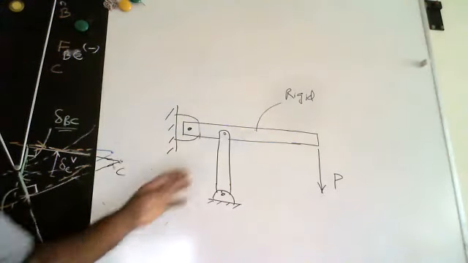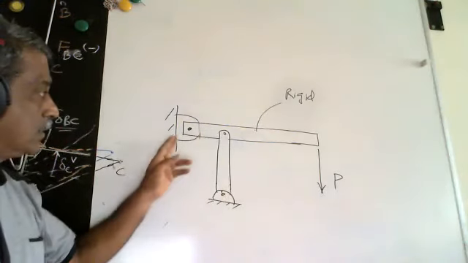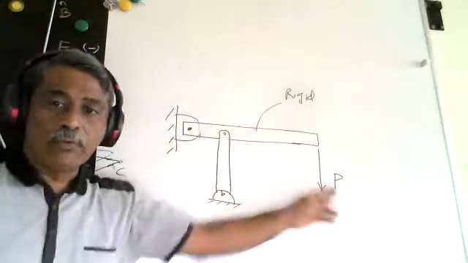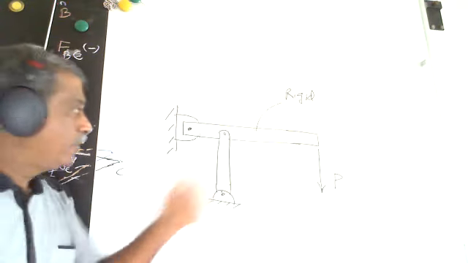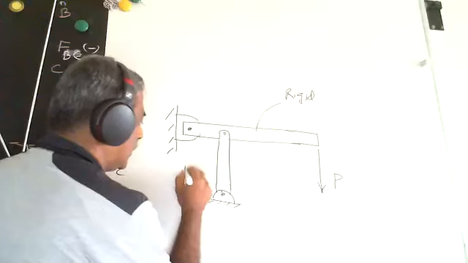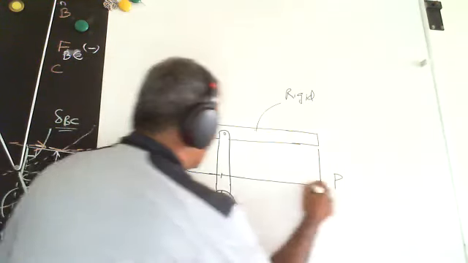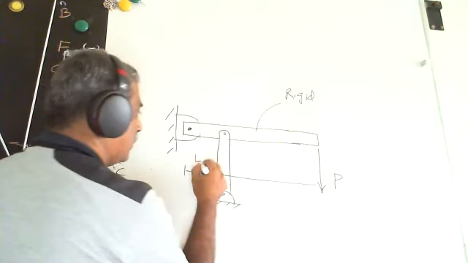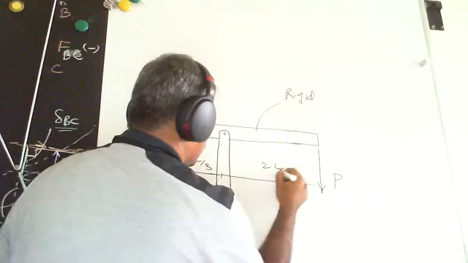I have now attached a rod like this, and now I'm applying the force P. So let's say this total length is something I know. Let's say this is L by 3 and this is 2L by 3.